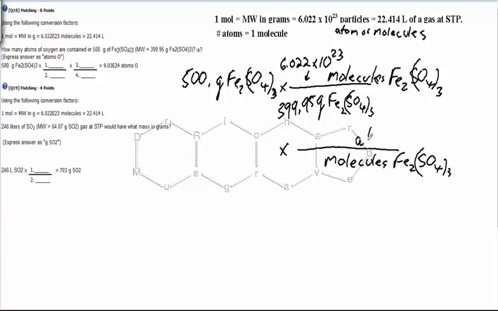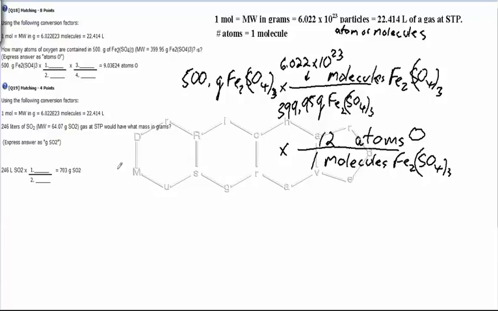What we're after is atoms of oxygen, and the relationship here is we know there's 12 atoms of oxygen in one molecule of Fe2(SO4)3. So that's going to allow us to calculate all that out, and we'll end up with our answer, which will have three significant figures. 9.03 times 10 to the 24th atoms of oxygen will be our final answer there.